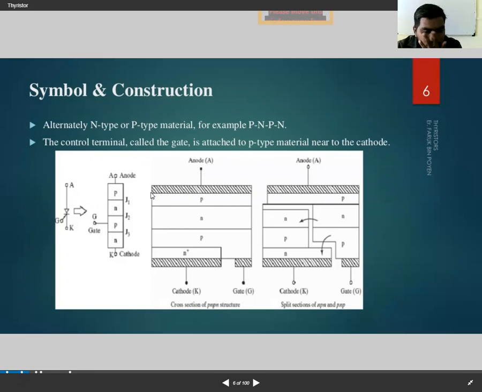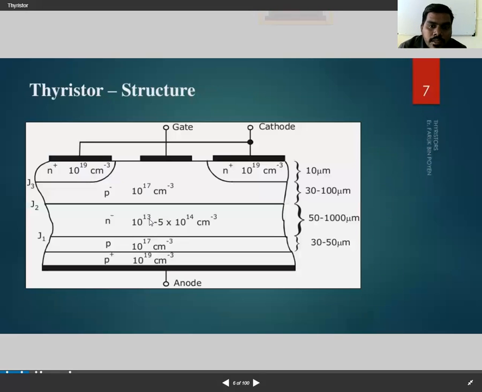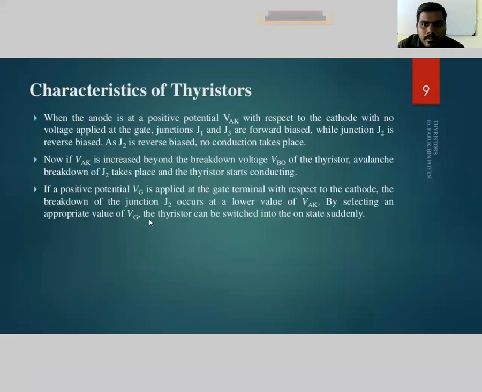Suppose there is a voltage source across anode and cathode. When the positive of the battery is connected to the P and the negative of the battery is connected to the N, they are in forward conduction mode, but J2 will be in reverse bias, so it will not conduct until the gate trigger is given. Okay, while J2 is in reverse bias.